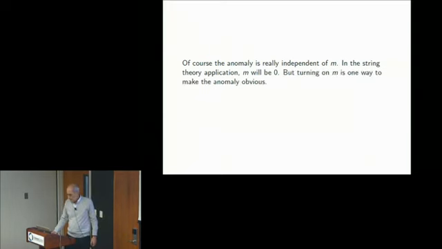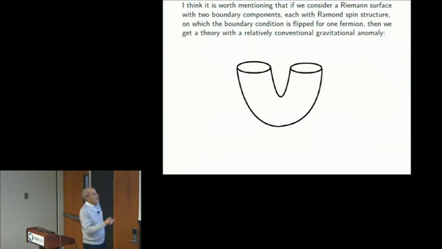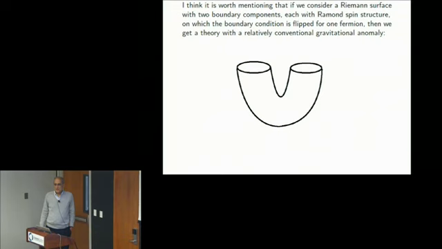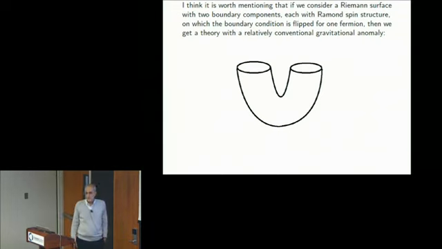I think it's worth mentioning that if we consider a Riemann surface with two boundary components, each with Riemann spin structure, and on each of which we flip the boundary condition to create an anomaly, then we get a theory with a relatively conventional gravitational anomaly, by which I mean there's a diffeomorphism that changes the sign of the path integral measure. Each of these circles has a fermion 0 mode on it.